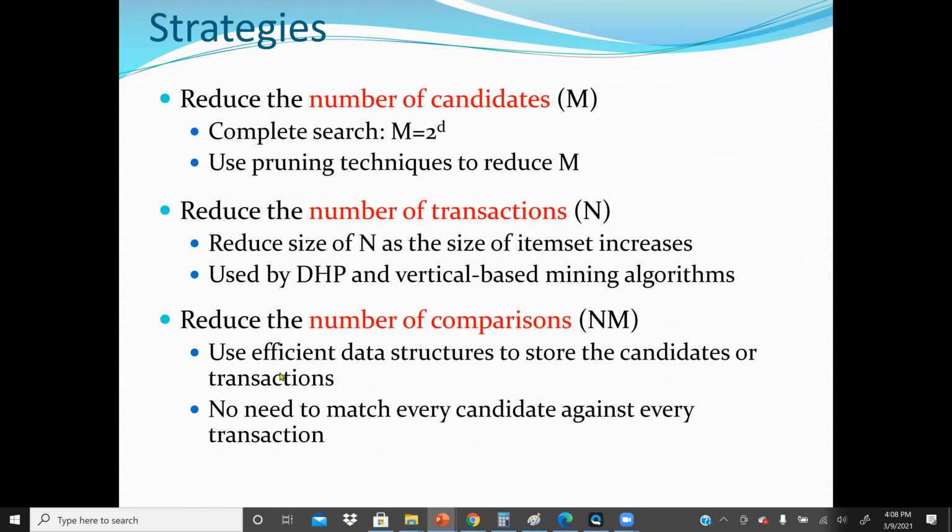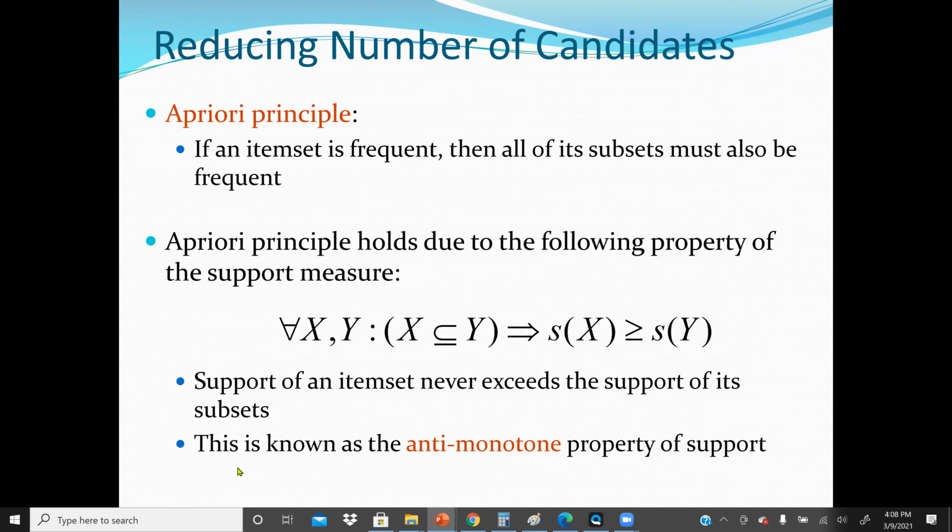Here we are going to use an efficient data structure to store the candidates or transactions. We can use the hash data structure, which we discussed in a data structure course. And also no need to match every candidate against every transaction. So the strategy again is to reduce the computational complexity.